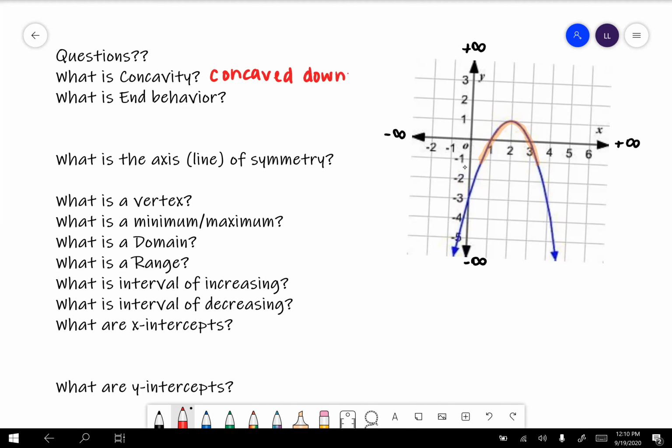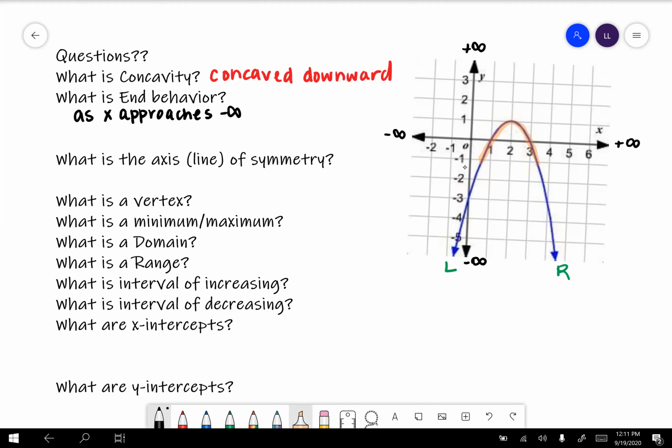Now we're ready to talk about the end behavior. We look at what's happening on the left-hand side and on the right-hand side. On the left-hand side, we say it by saying as x approaches negative infinity. What is y doing?